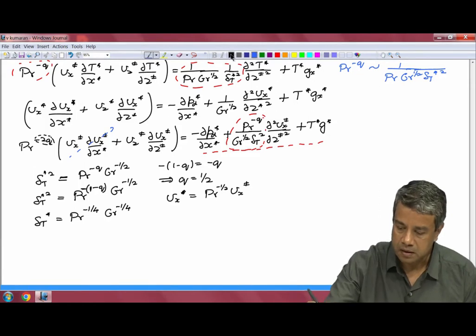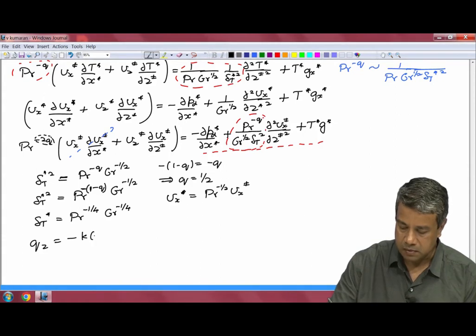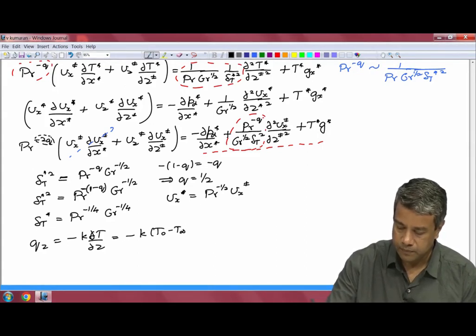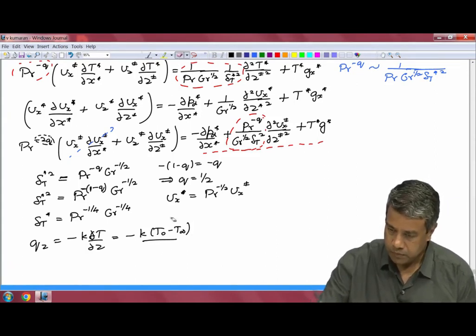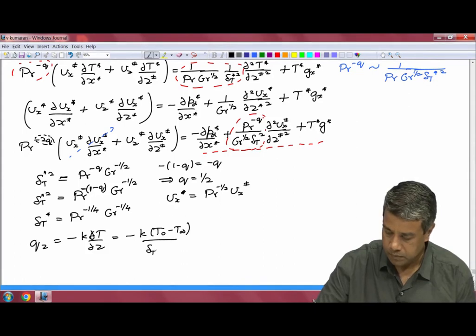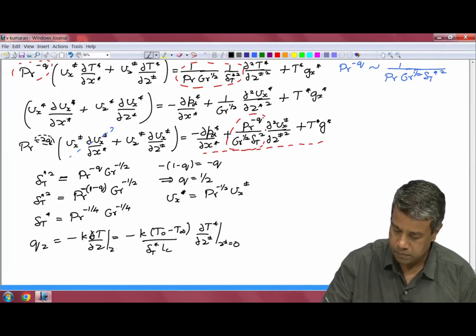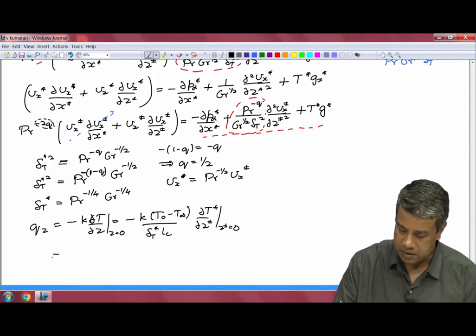And using the same arguments that I had earlier, qz is equal to minus k into partial T by partial z, and this is equal to some constant.